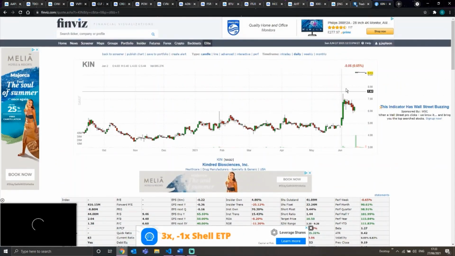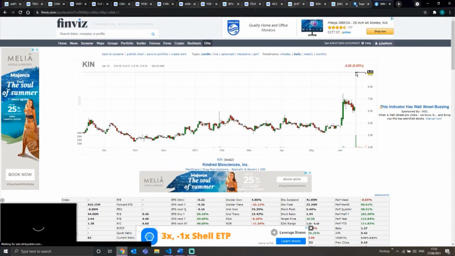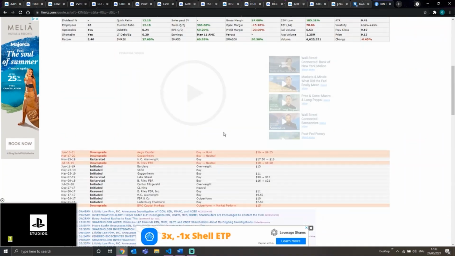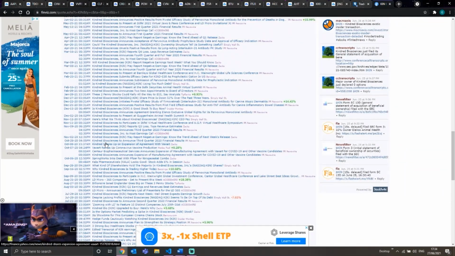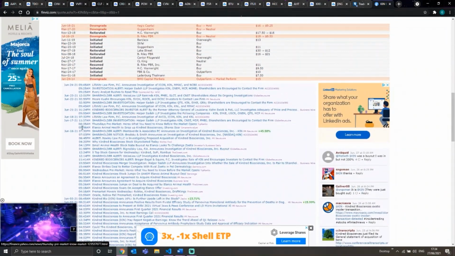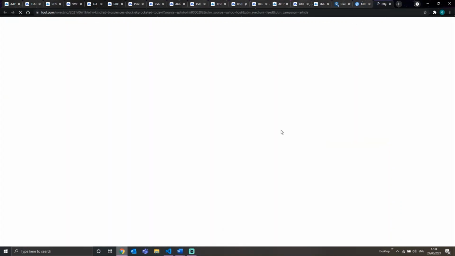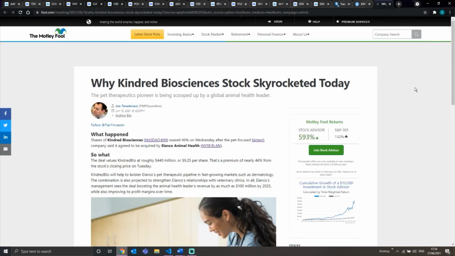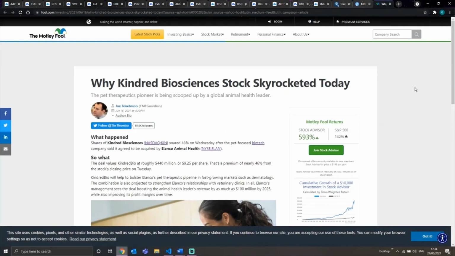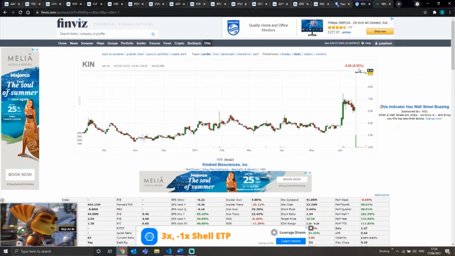When is it they moved? 16th. Well, that will tell us why. Oh yeah, acquisition. So it got acquired, which is why it got that move.